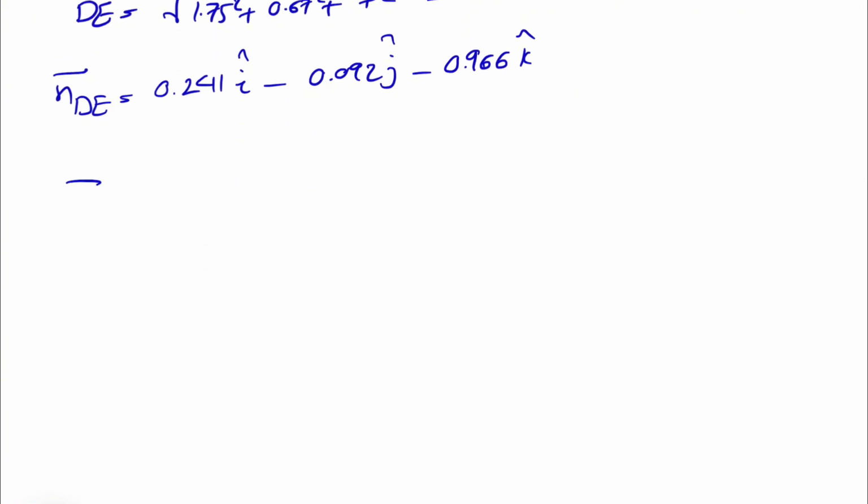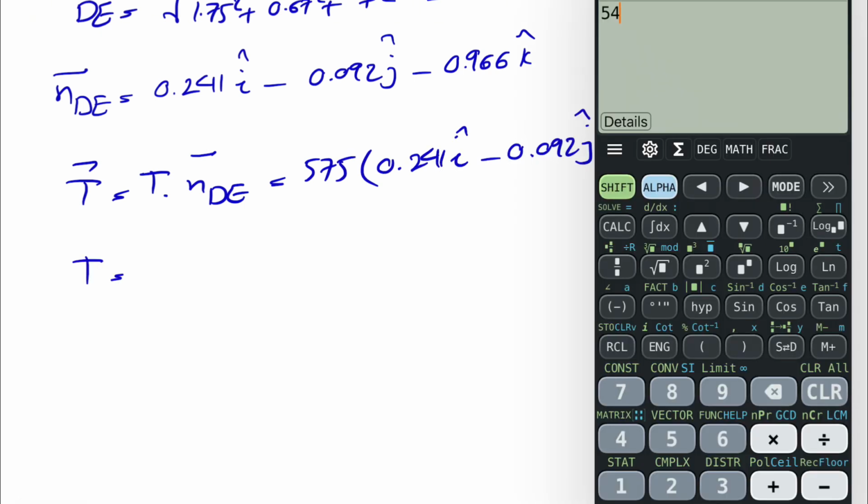So our T would be T times the unit vector, so 575 times what we found in the previous step. So 575 times 0.241 is 138.58.